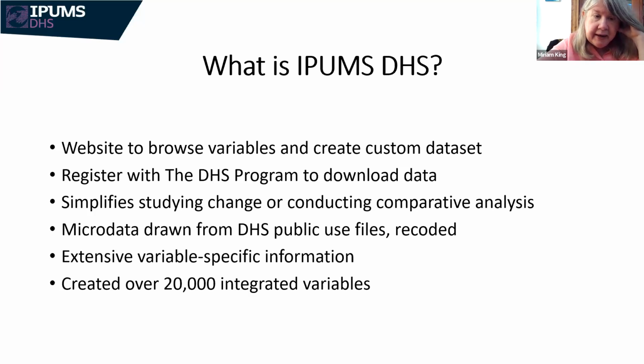To access the data, you need to register with the DHS program. They have the legal ownership of the data in agreement with participating countries. And so you have to go to their website to request access. There's a link to bring you to the request page for the DHS program on the IPUMS DHS website.